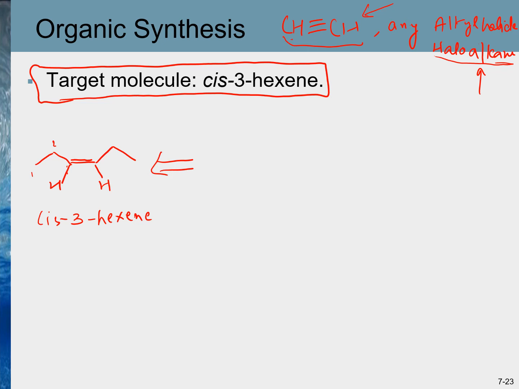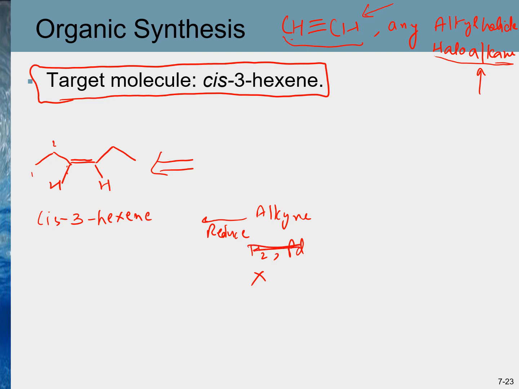If I have some alkyne and I reduce it, alkynes can be reduced to alkenes. Now what kind of reduction to use? Can I use hydrogen in the presence of metal, or catalytic reduction? No, because catalytic reduction will convert alkyne directly to alkane and is not going to give us alkenes. So that's not going to work.